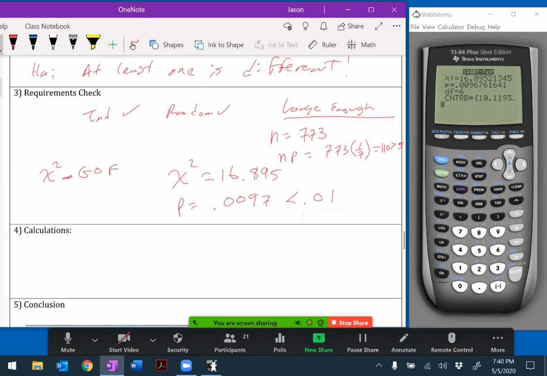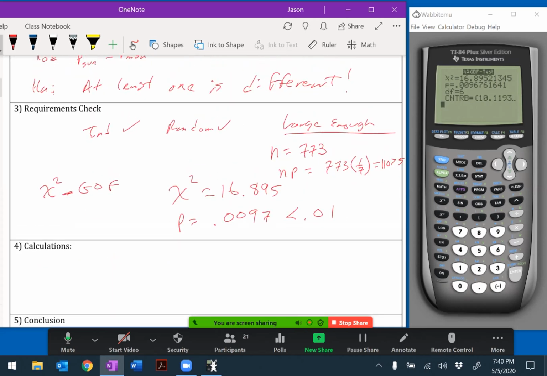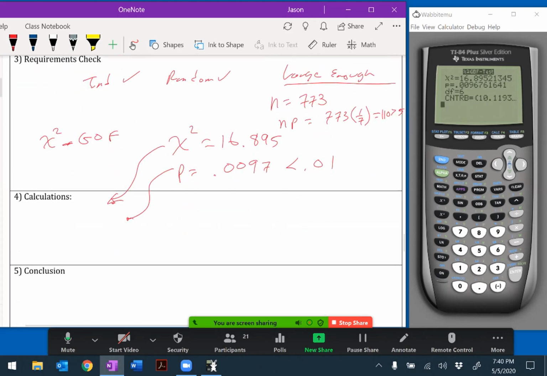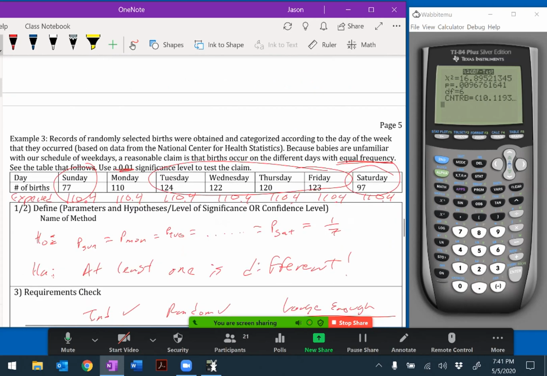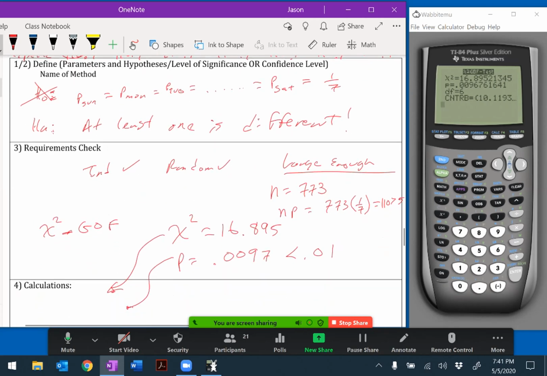So what's our conclusion? We did our calculations. We're going to reject the null that they're all the same, and we know that at least one is different. You've been rejected, and we're going to accept the alternative.